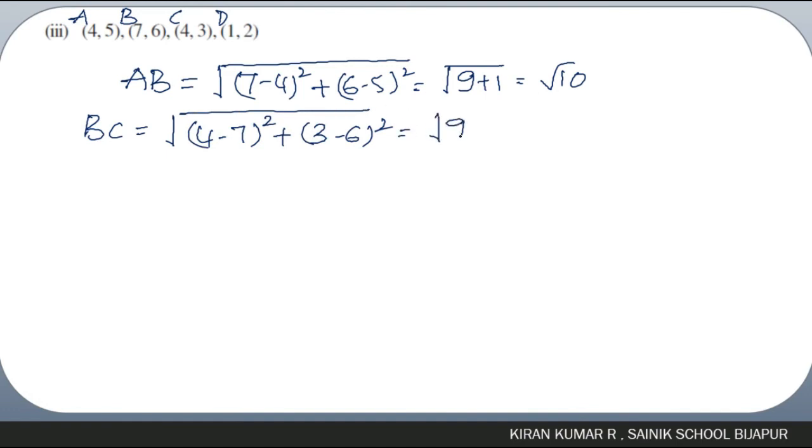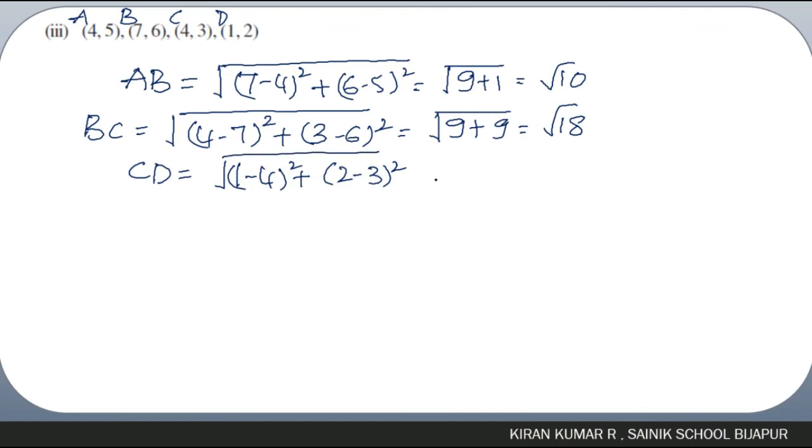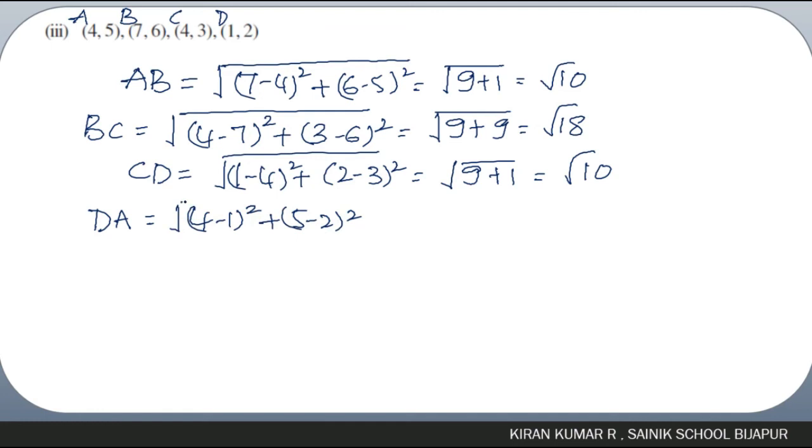We get root 9 plus 9, which is root 18. The length CD will be root of (1 − 4) square plus (2 − 3) whole square. It will be root 9 plus 1, we got root 10. Let's find the length of DA, which is root of (4 − 1) square plus (5 − 2) whole square. We get root 9 plus 9, which is root 18.